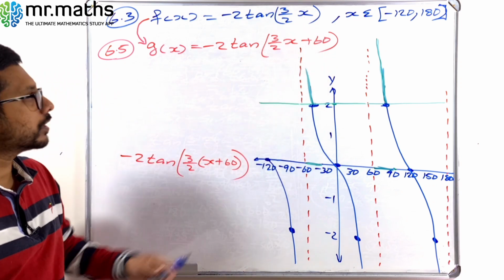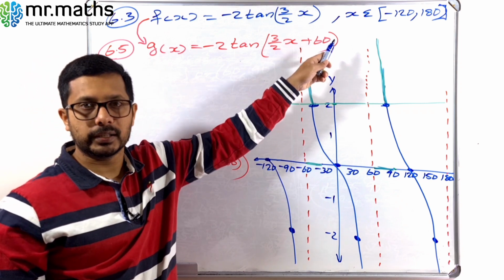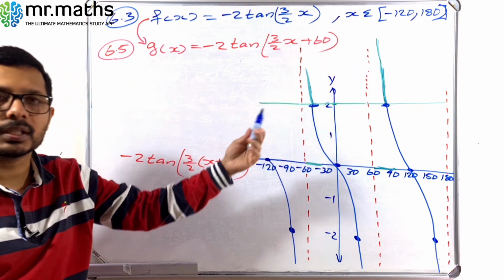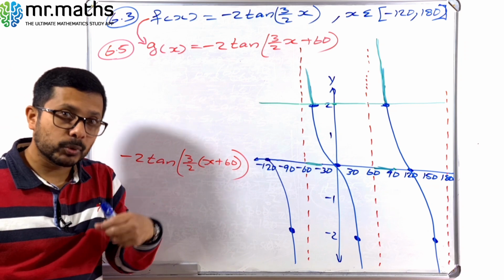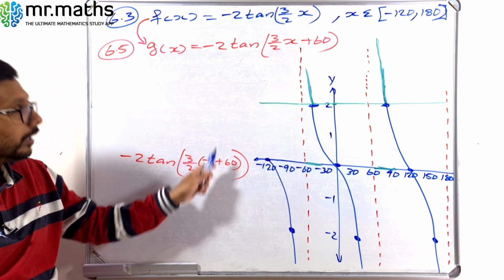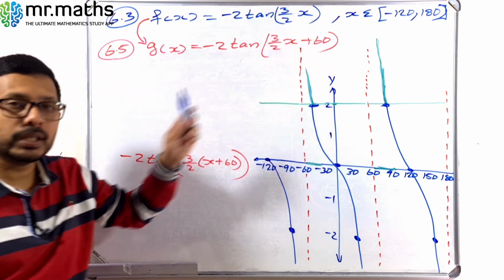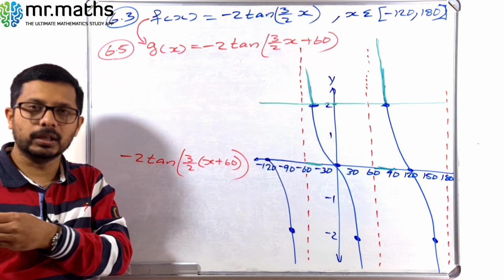But in our question it is written as 3 over 2 x plus 60, so it is not 60 degrees to the left. Only the x changes to x plus 60 for a shift of 60 degrees to the left.